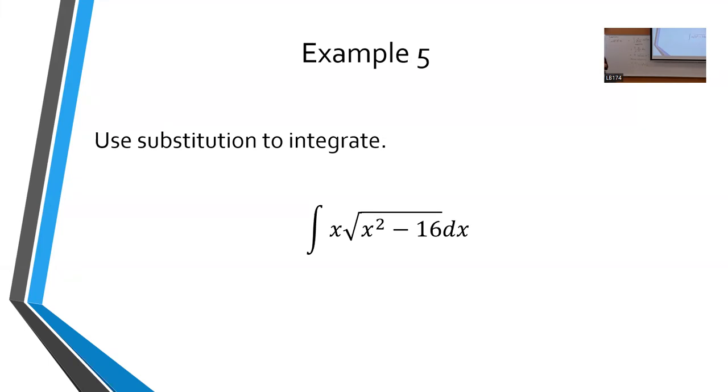If you were gonna pick a u for this, what would you pick? The thing underneath the square root, right? X squared minus 16 is gonna be your u. That's inside another function, specifically the square root function.